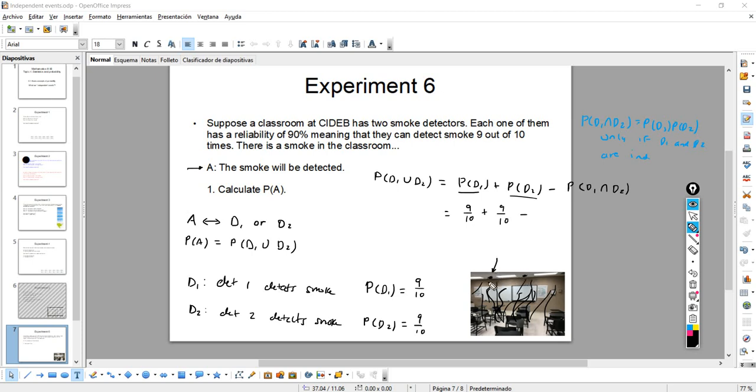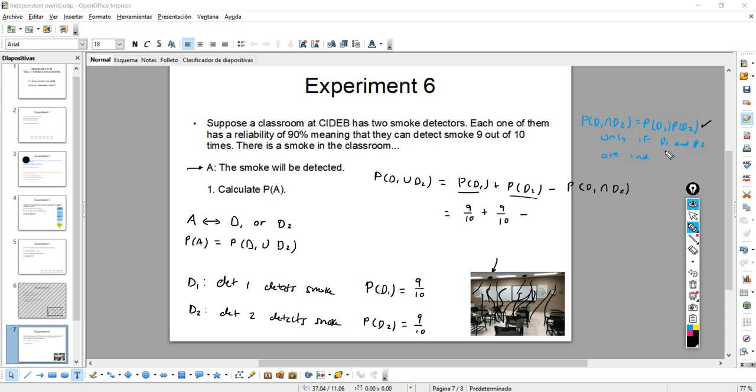Whether this detector activates or not doesn't matter to the probability of the other one also detecting the smoke. They are completely independent systems. So in this case, it's very reasonable to assume independence of D1 and D2, and therefore I can go on using this formula.